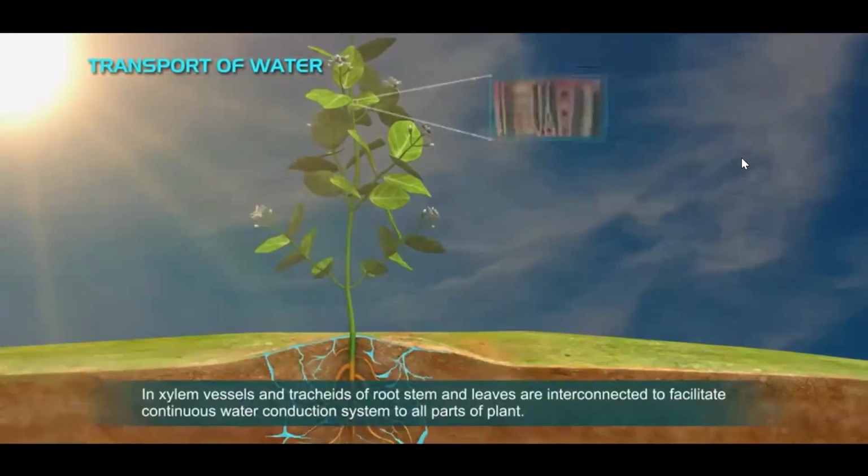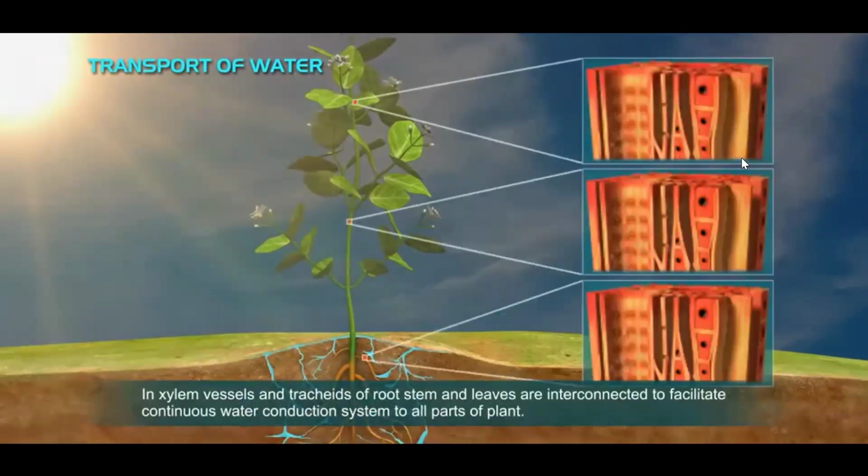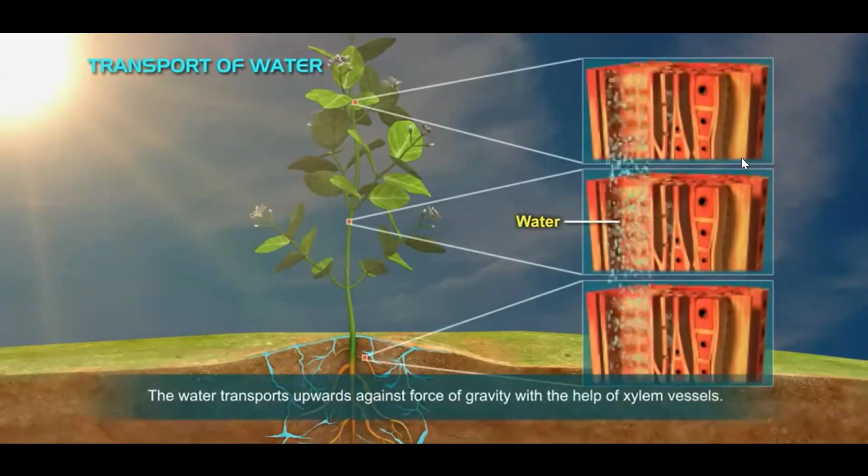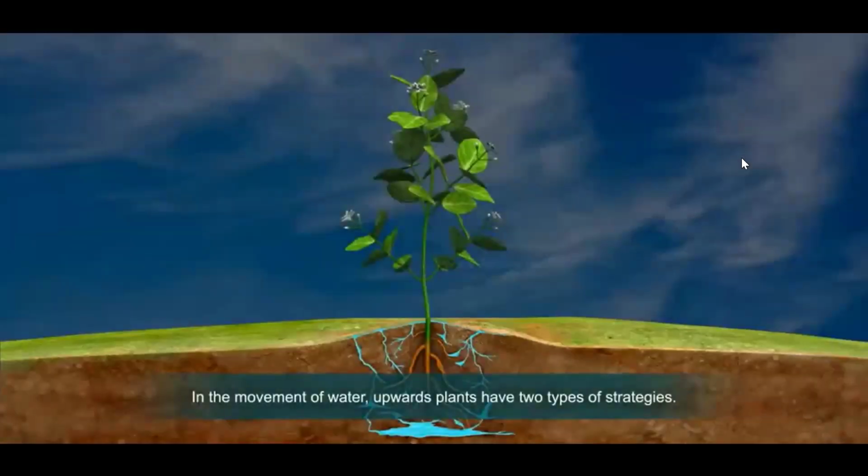In xylem, the vessels and tracheids of root, stem, and leaves are interconnected to facilitate a continuous water conduction system to all parts of the plant. The water is transported upwards against the force of gravity with the help of xylem vessels. In the movement of water upwards, plants have two types of strategies.